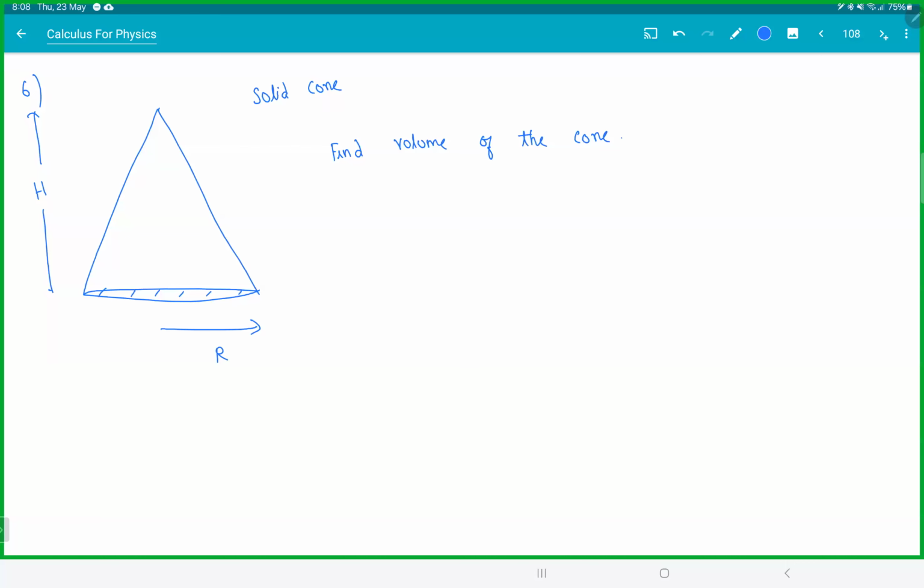That is the main thing. How did you choose an element? Yeah, disc. Did you ever cut a carrot? If you cut a carrot, you get these thin discs. Doesn't it look like a kind of a carrot? So we have to add all these discs. If you add all these discs, you get the thing. So the idea is the same. You have to choose a disk. That's the catch in this.